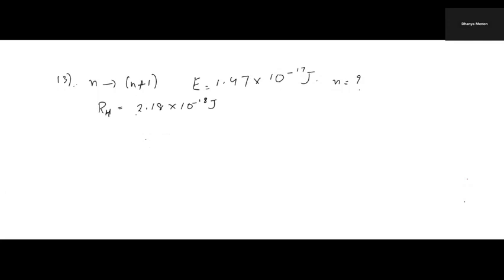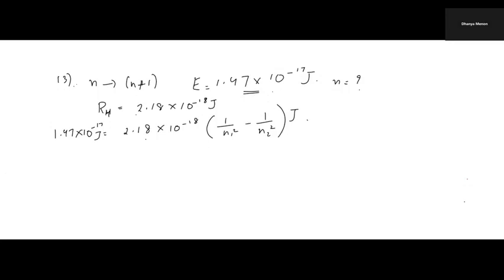Now we use the energy formula: 2.18 times 10 raised to minus 18 times 1 by n1 square minus 1 by n2 square joules. The energy of the radiation is given to you as 1.47 times 10 raised to minus 17 joules.